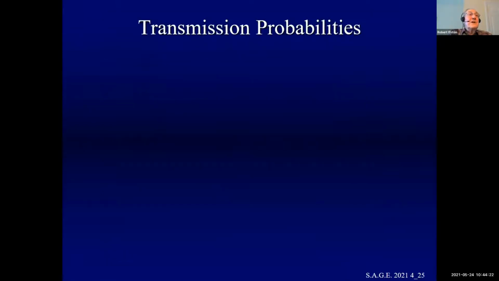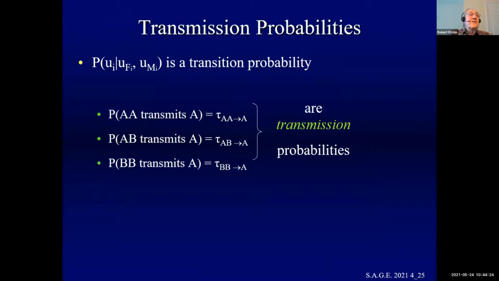So consider the transmission probabilities. This is a transition probability. These are the transmissions, the probability of a particular individual transmitting capital A. Basically, we would like to estimate all these and see if they fit Mendelian inheritance. Well, this is a way of making sure you don't have to estimate all these.